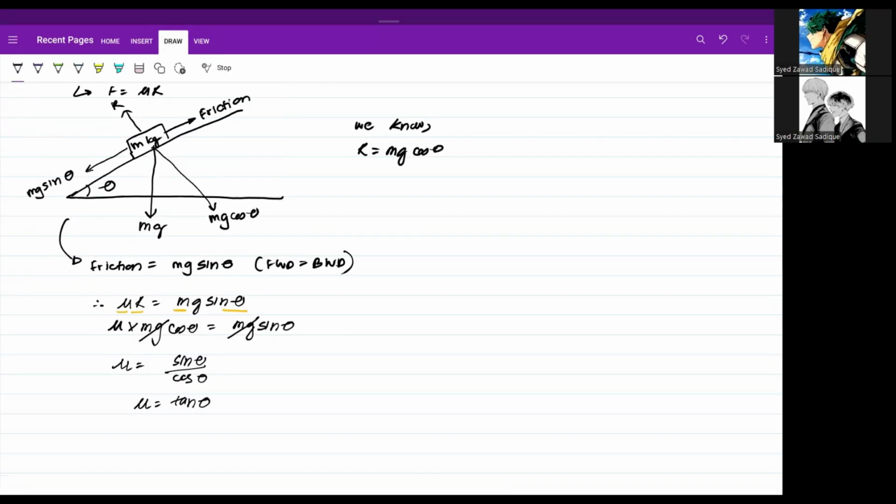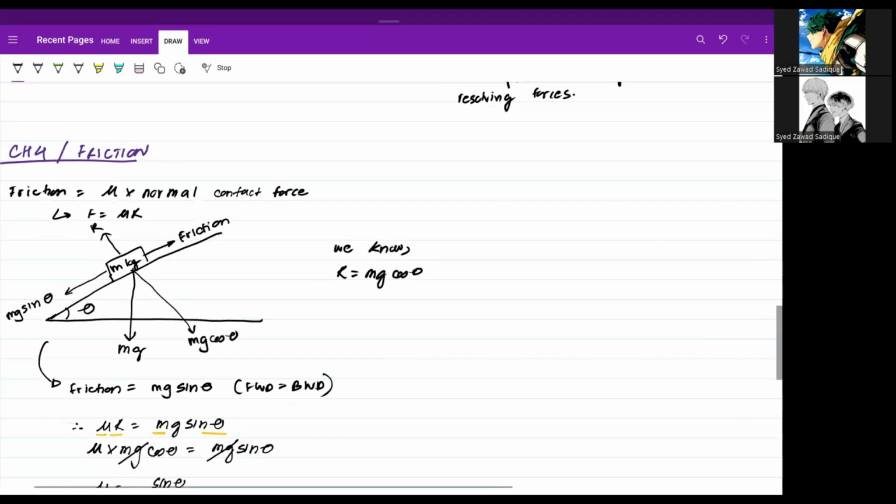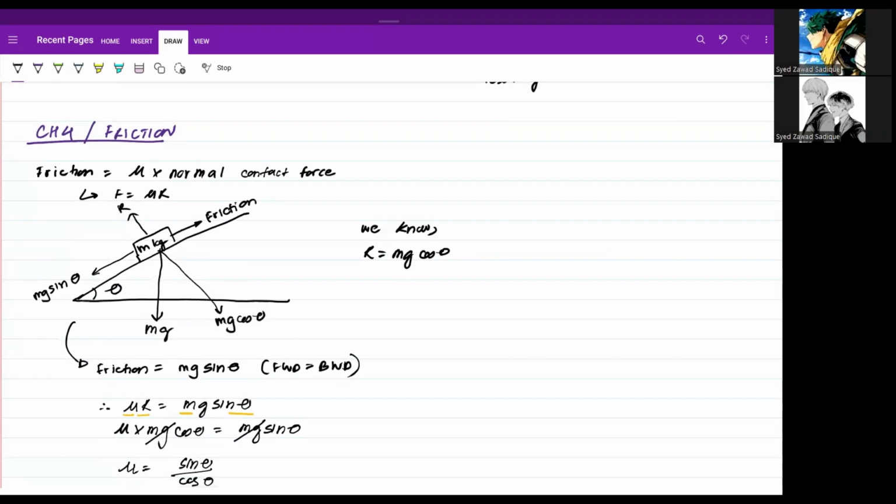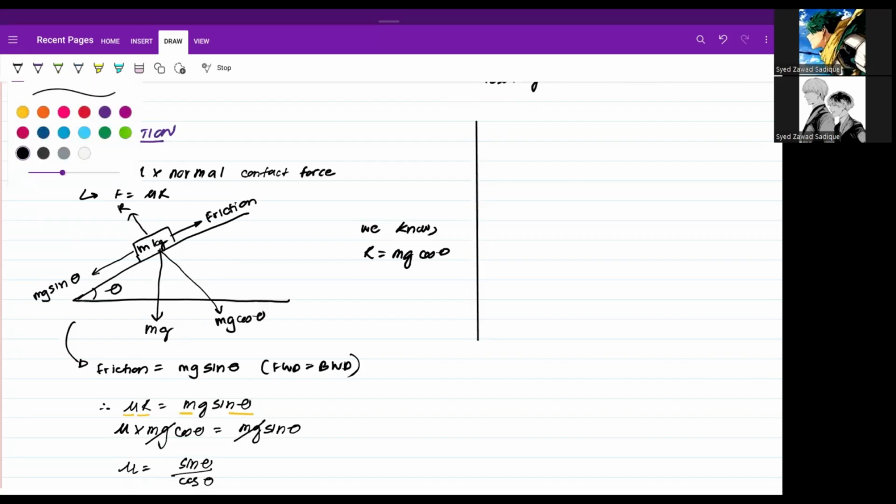Usually, I denote friction as FR, which is in Newtons.